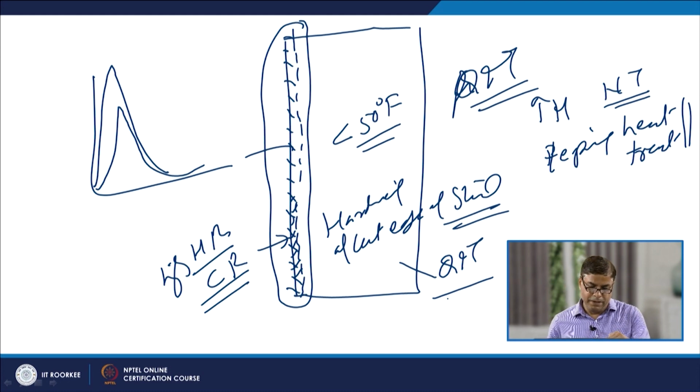So, for the heat treatment after the cutting we will be using a temperature 50° Fahrenheit less than the temperature which has been used during the tempering of that particular base metal.